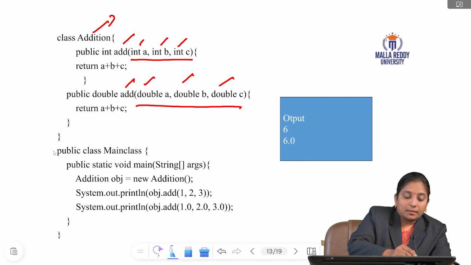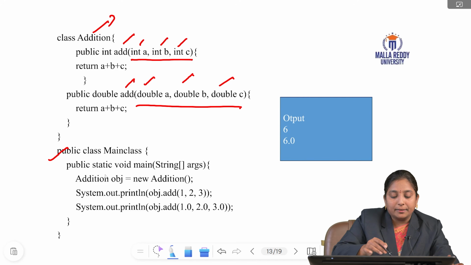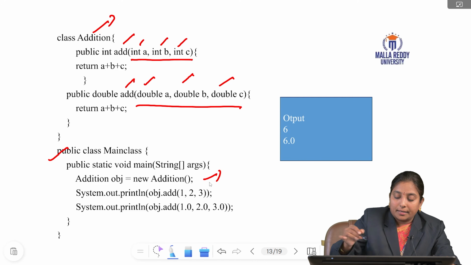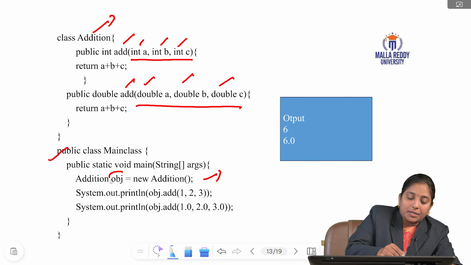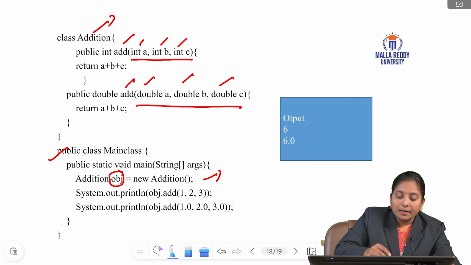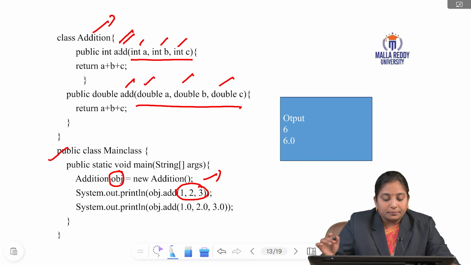This is the main class, and here I declare the main method, public static void main. Here I create the object obj of the Addition class. Whenever we pass the integers 1, 2, 3, the first add method is called.